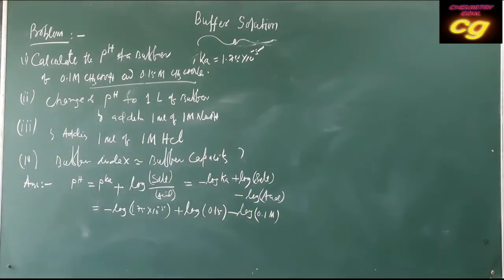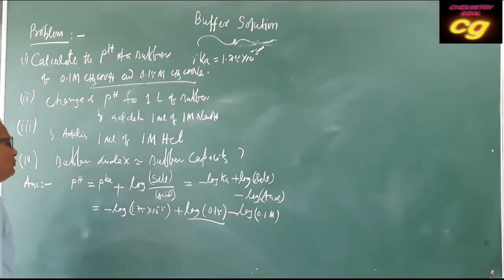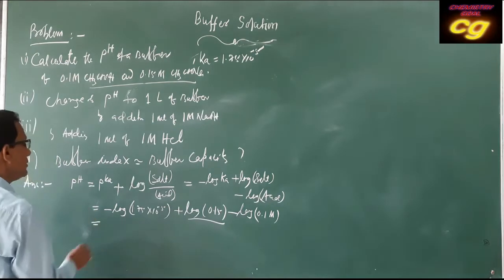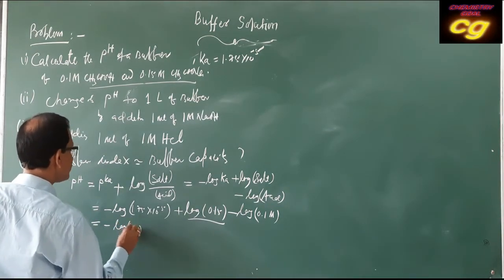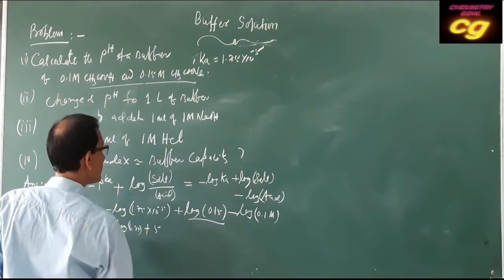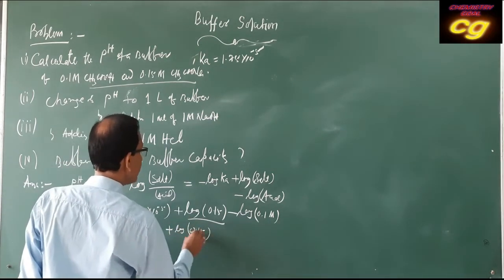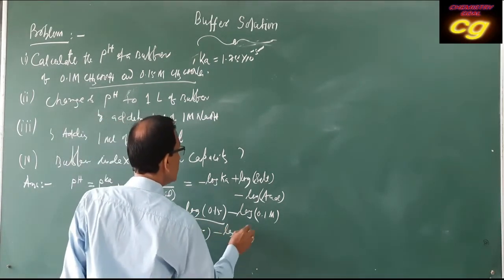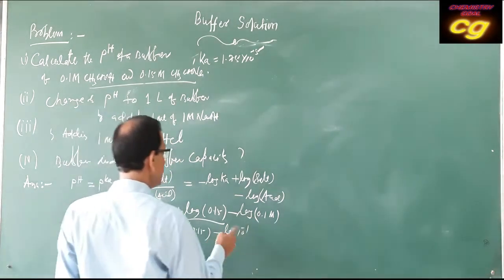If you solve it using the logarithm table, this can be split as log 1.75, then plus 5, then log 0.15, then minus log 10 to the power minus 1, which means 1.